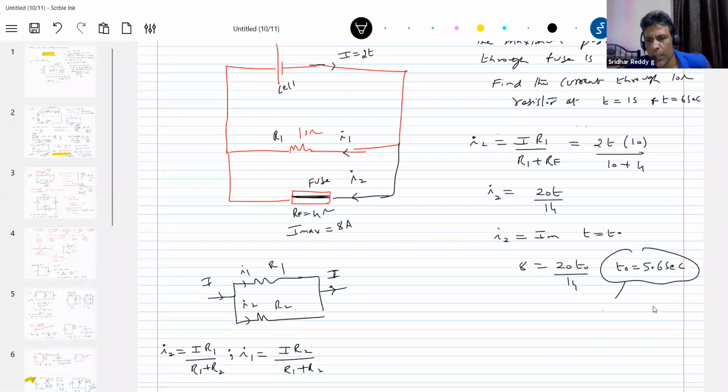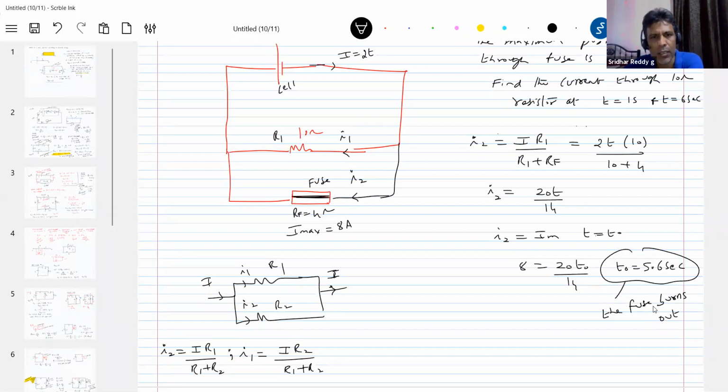The fuse will burn out. Agree with this? Now it's asking to find the current through the 10 ohm resistor at t equal to 1 second. At t equal to 6 seconds, what actually happens? At t equal to 6 seconds, t will be greater than t naught, so the fuse will burn out. If the fuse burns out, what condition will arise?